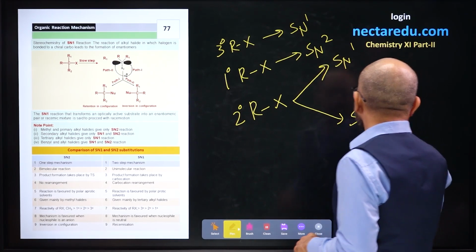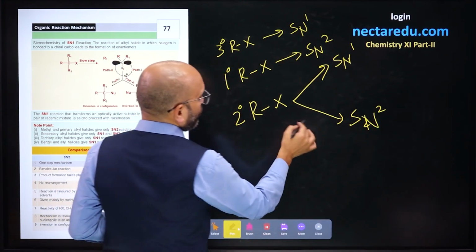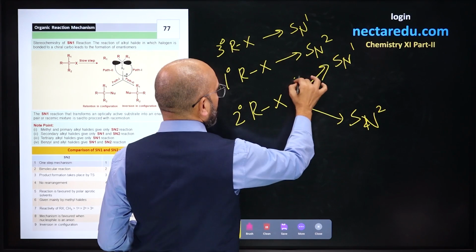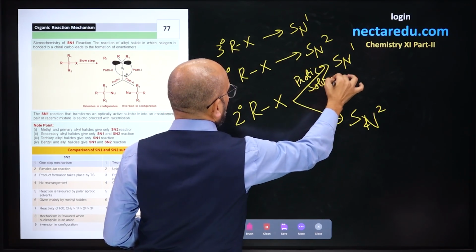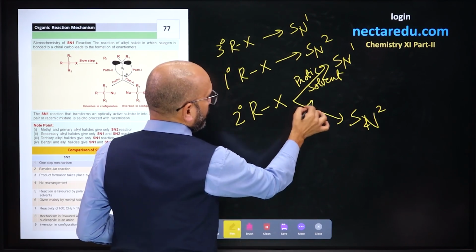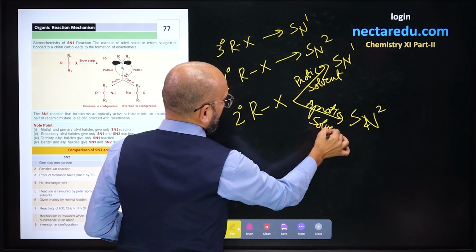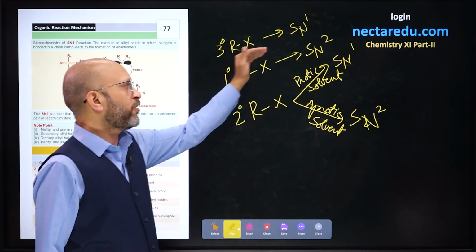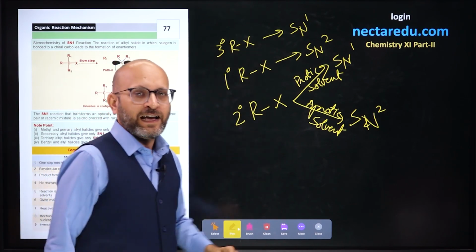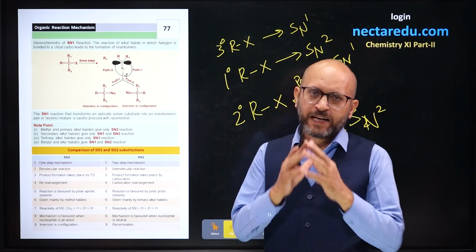So how will you find out whether SN1 is happening or SN2? Check whether protic solvent or aprotic solvent is there. If aprotic solvent is there, SN2; protic solvent will show SN1. But in 1 degree, always SN2, 3 degree, always SN1. This is how you figure out which kind of mechanism will be happening.